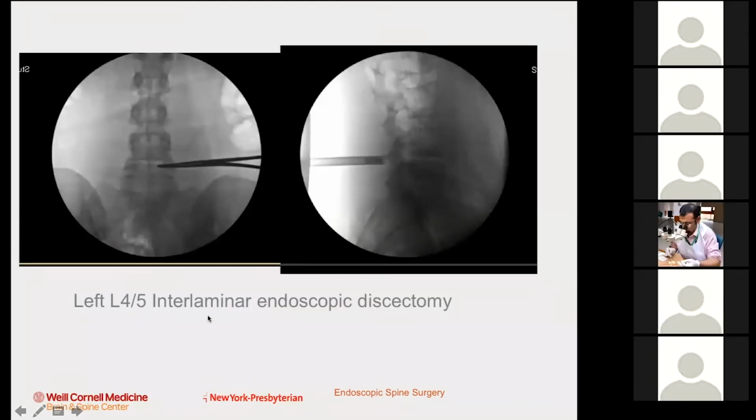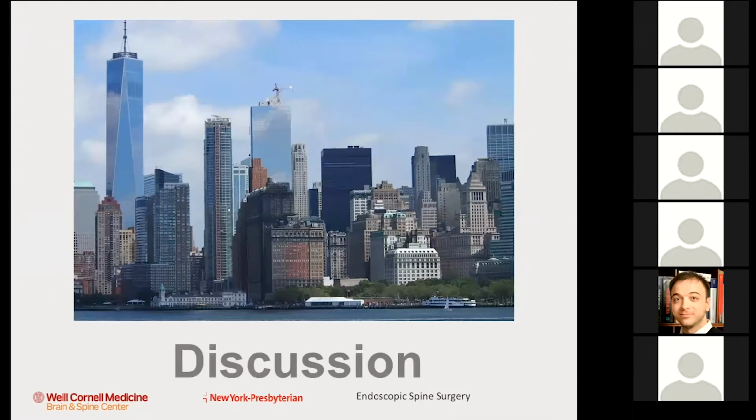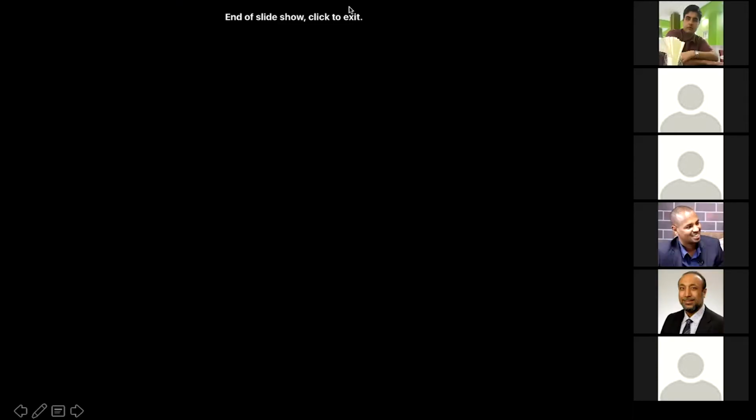It was necessary to do a laminotomy to drill because that interspace is not as wide as at L5-S1, and then resect a little of the bone in the lateral recess, making sure that I'm medial to the pedicle to remove that extruded fragment. So I think after that recap, we can open this up for questions and answers.